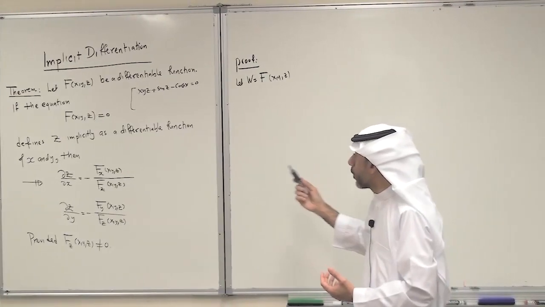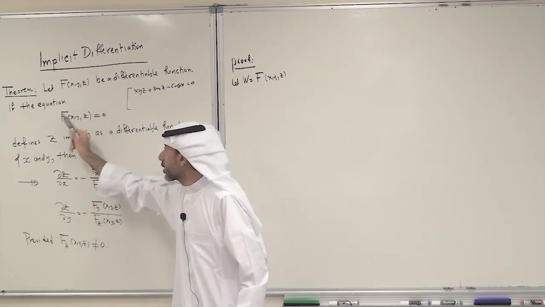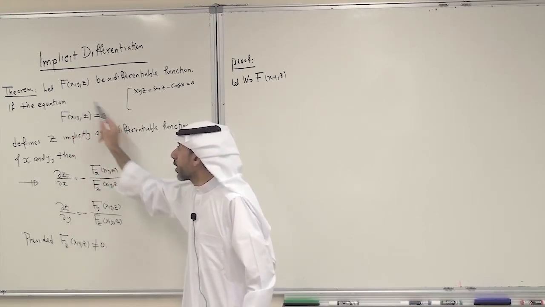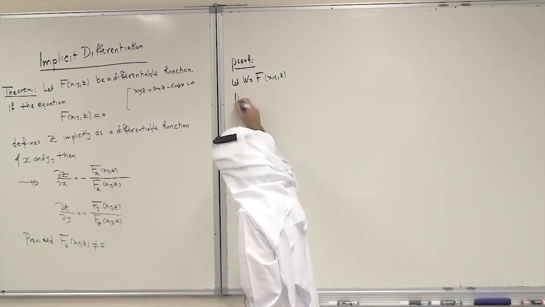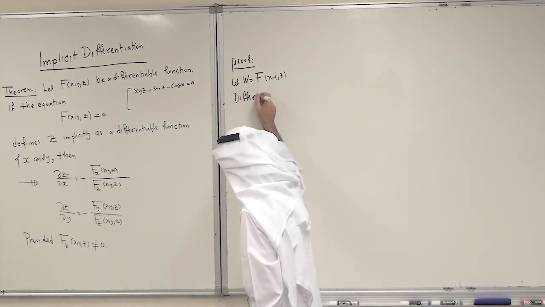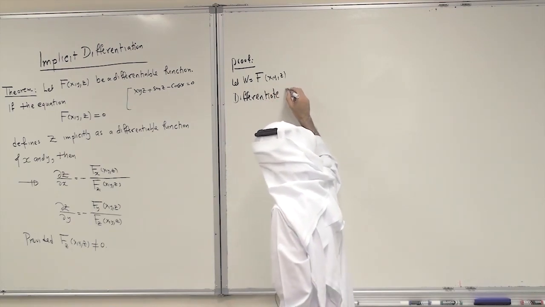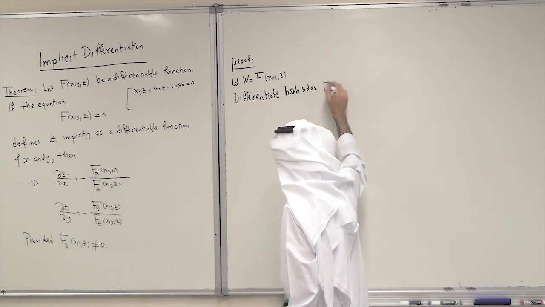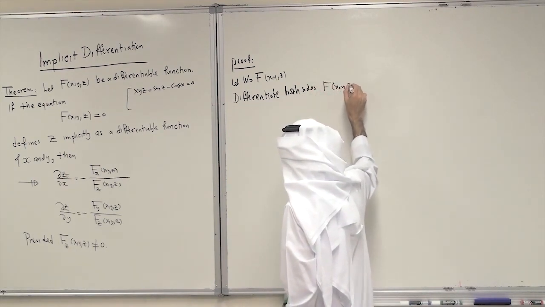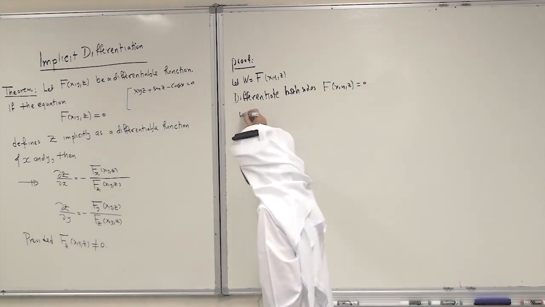Now to find partial z, partial x, I will differentiate the equation, both sides of F of x, y, z equal to 0, with respect to x.